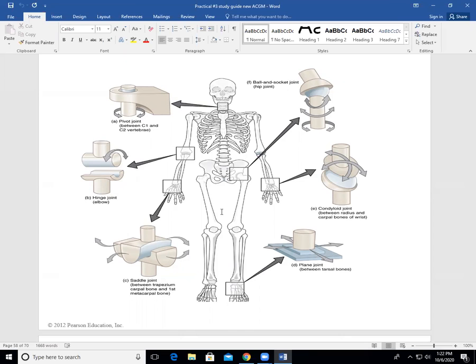Plane joints, the bones in the wrist, okay? Now, here, what type of joints? There are other fingers, in the base and other fingers. Condyloid joints, okay. My neck: pivot joint, okay?